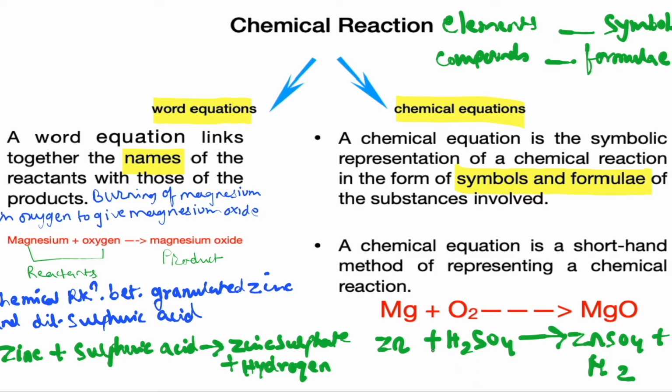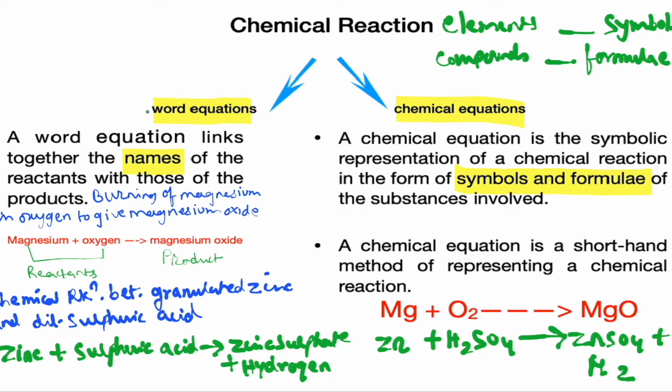So we see that the chemical reaction between granulated zinc and dilute sulfuric acid in the word form is written as zinc plus sulfuric acid gives zinc sulfate and hydrogen, and in chemical equation form it is written as Zn plus H2SO4 gives ZnSO4 plus H2.